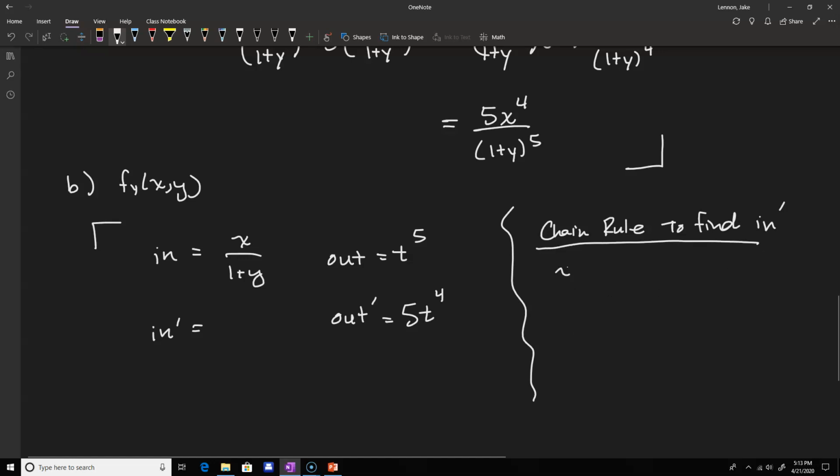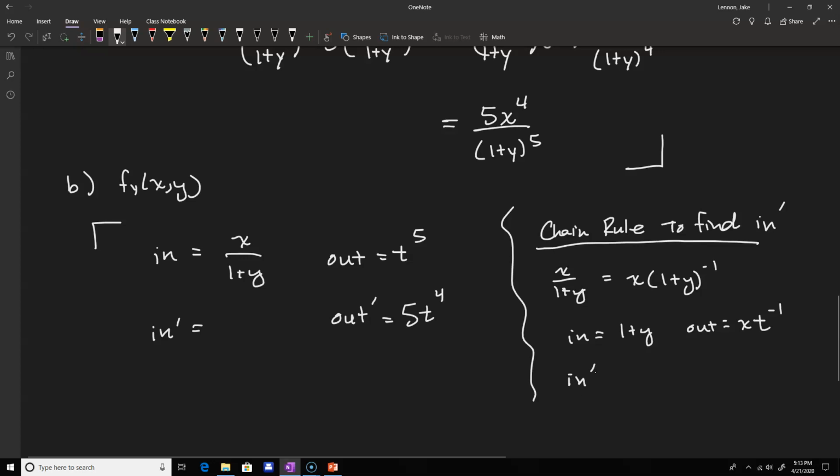Well, we want to say x over 1 plus y. This is the same thing as x times (1 plus y) to the negative 1st power. So then your inside function here is just 1 plus y, and your outside function would be x times t to the negative 1, where we're treating t as our variable, and x is a constant.